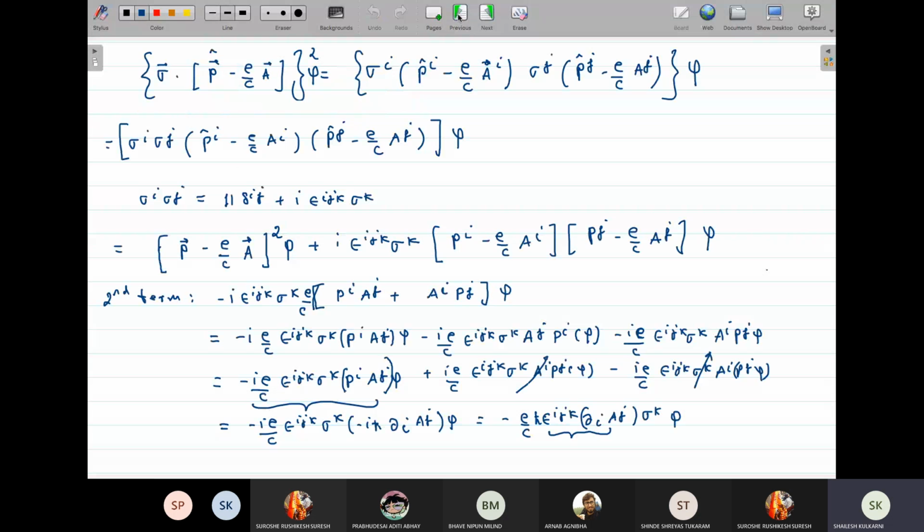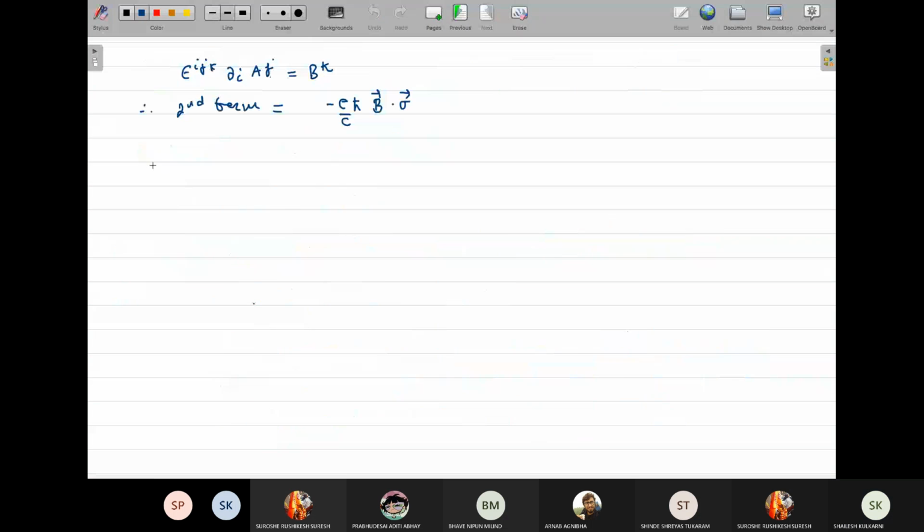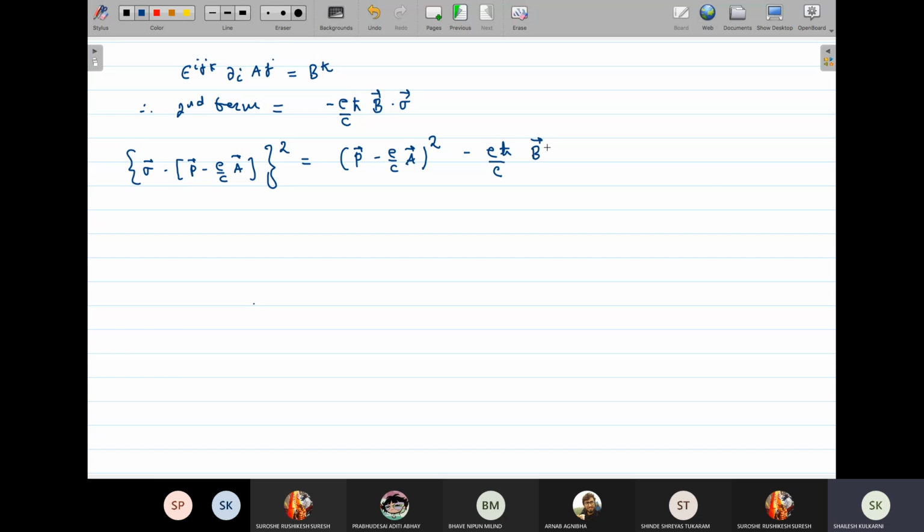So at the end, I have sigma dot p minus e by c A, its square, is basically equal to p minus e by c A square, minus e h cross divided by c B dot sigma, and phi.